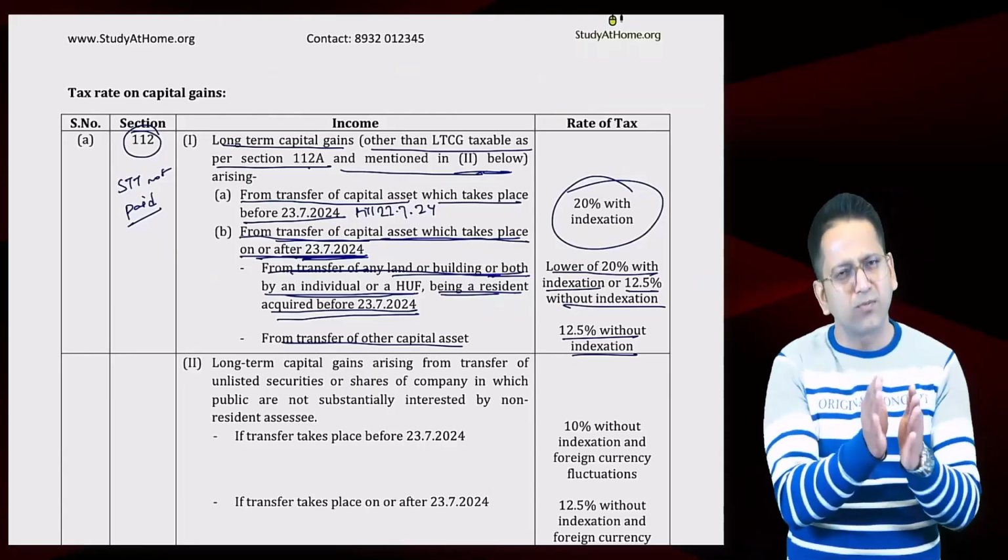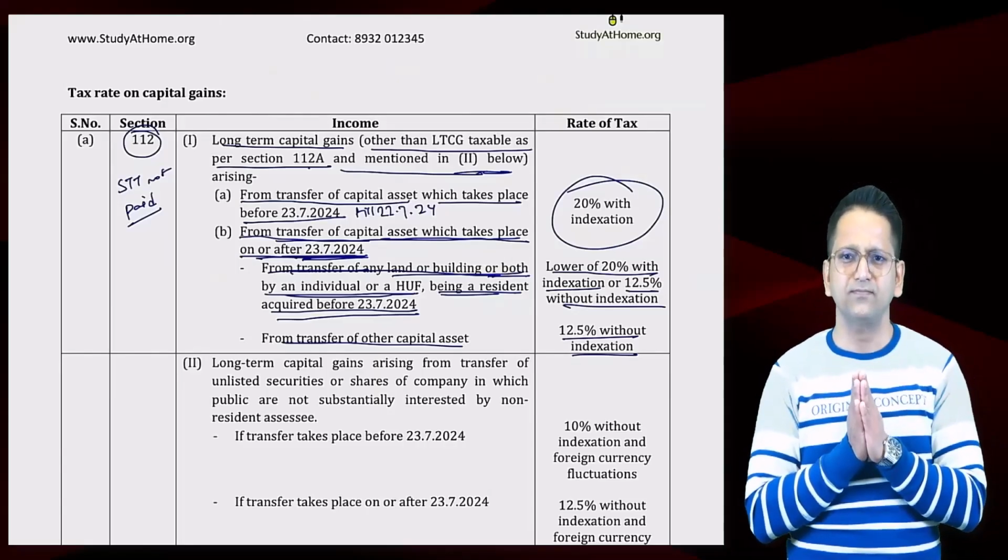So now we'll discuss the matter in short. If you did the transaction before 23 July, then it's 20% tax like before, and the indexation benefit will be there. If you did a transaction after 23 July, the indexation benefit is terminated and will not be available, and 12.5% tax will be given.